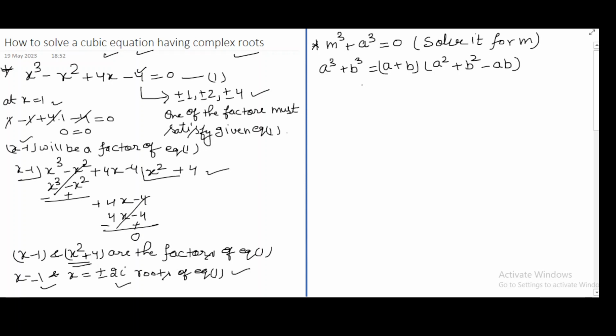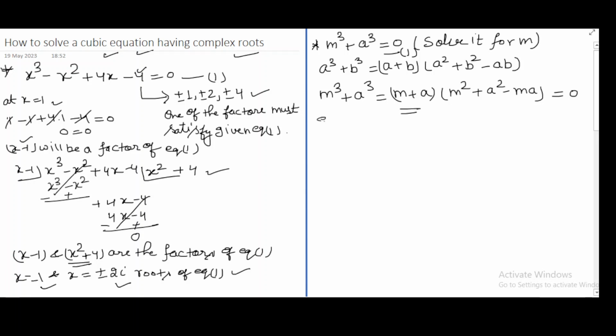Now we will move forward to solve this given equation number 1. We will write m cube plus a cube as m plus a times m square plus a square minus ma, that is equal to 0, right?